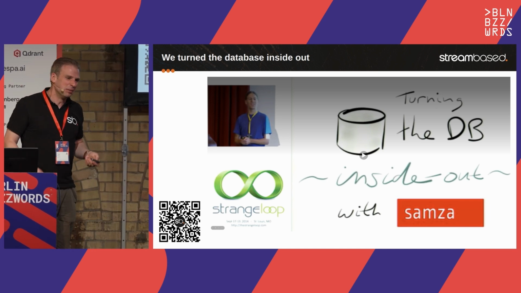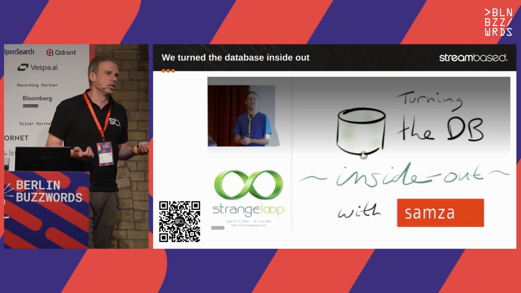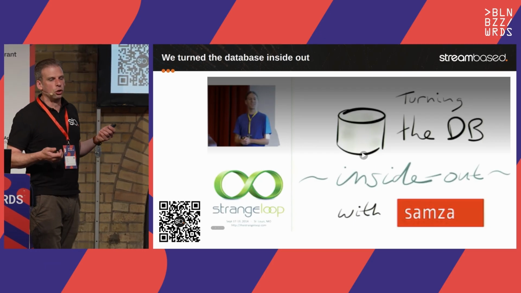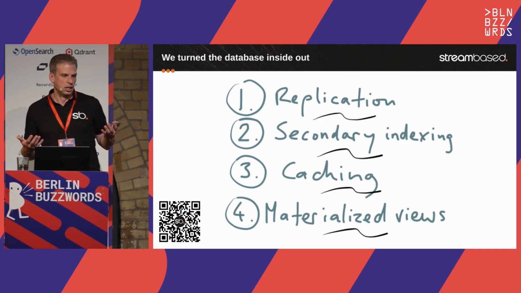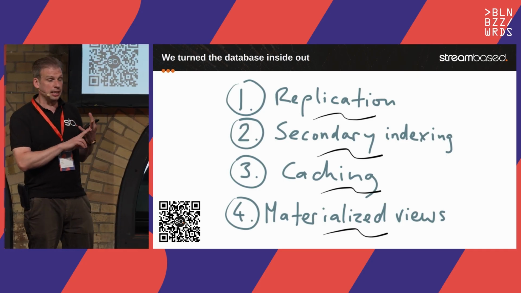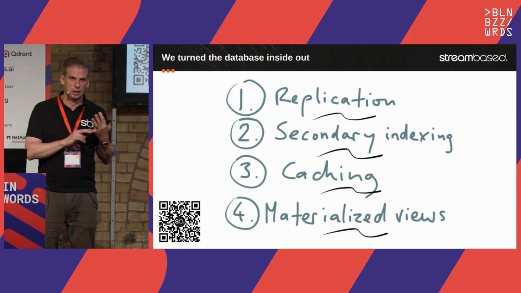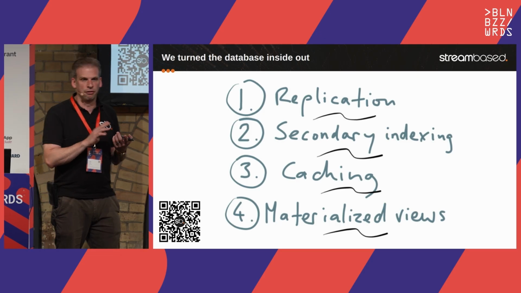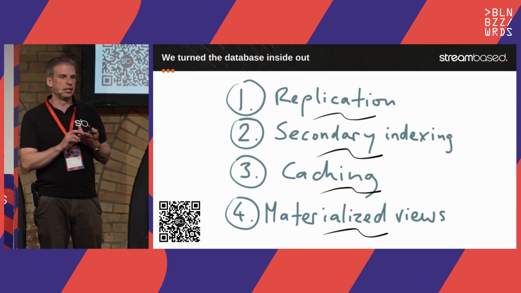But Martin's contention was that a traditional database system is made up of really four components. So at number one, we've got replication, we've got secondary indexing, caching, and materialized views. This all seems fine. I need to make a special clarification about Martin's definition of replication.